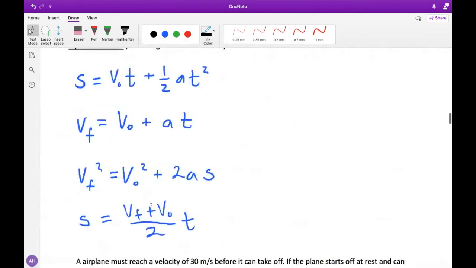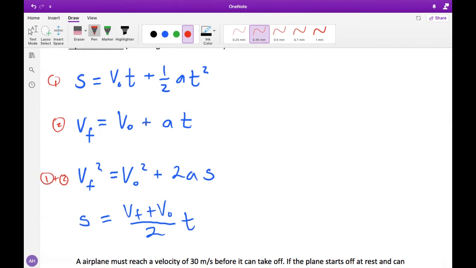And so these other two equations, well, actually this third one, you can find from combining equation 1 and 2, which I'm not going to go through, but if you wanted to go through the algebra, you would take equations 1 and 2, and they would give you this third equation.